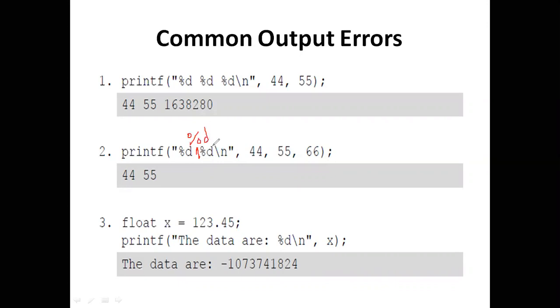And x is a value of which type? x is a value of floating point type. But here we are indicating the format specifier as percentage d.